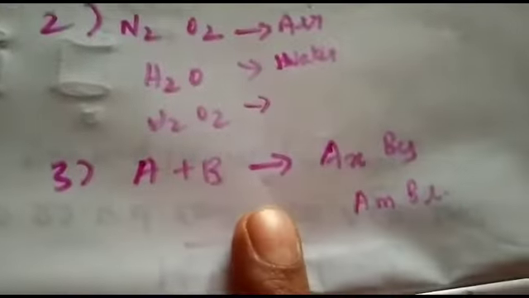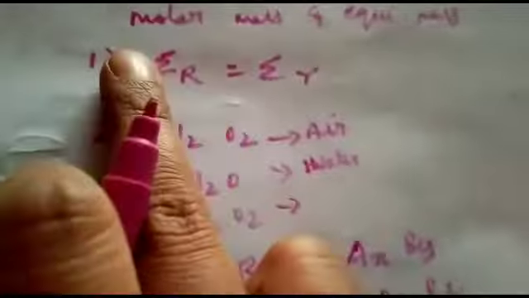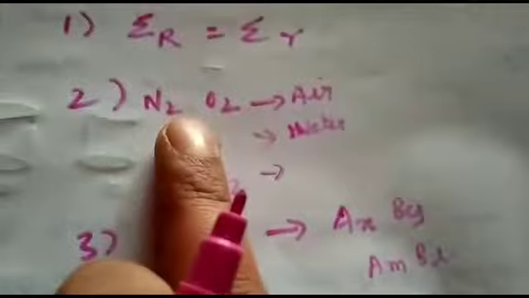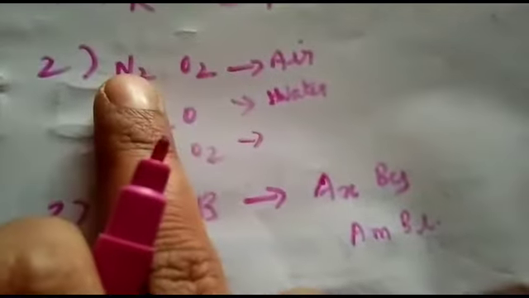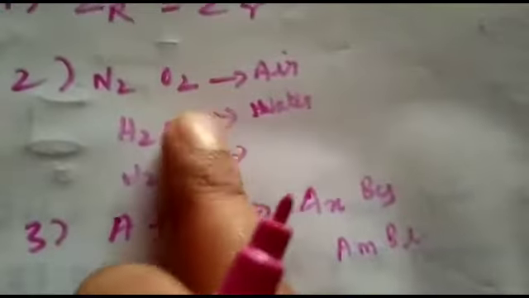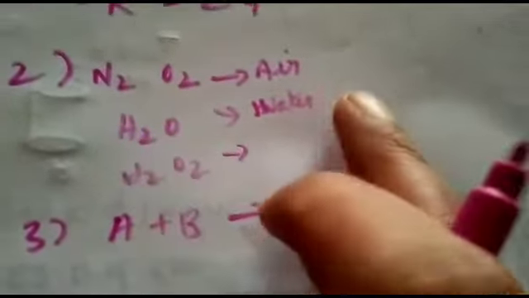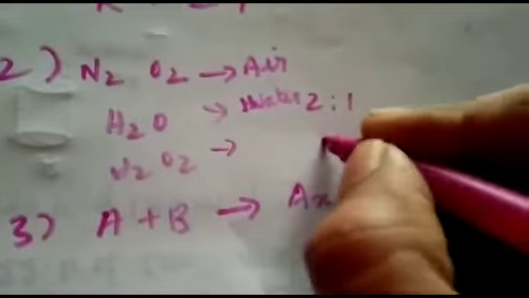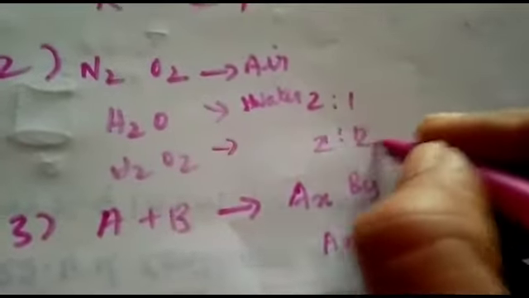Conservation proportions, constant proportions, then multiple proportions. Conservation means the total mass of reactants equals the total mass of products. Constant proportions means nitrogen and oxygen in any proportions is called air, while H2O in a specific proportion, like 2:1 or 1:1, is called water.